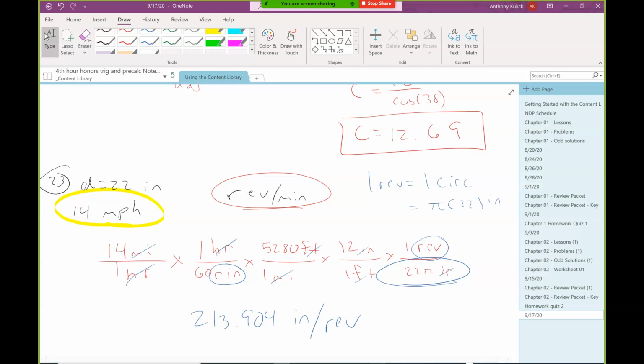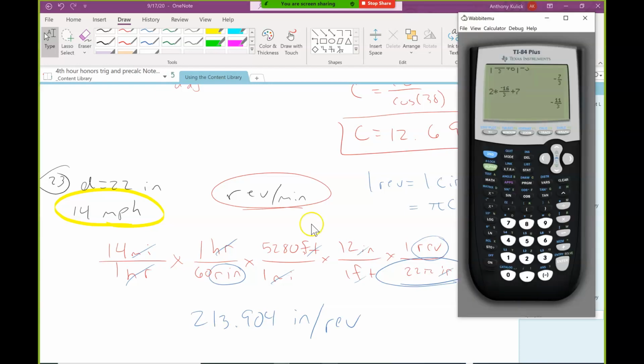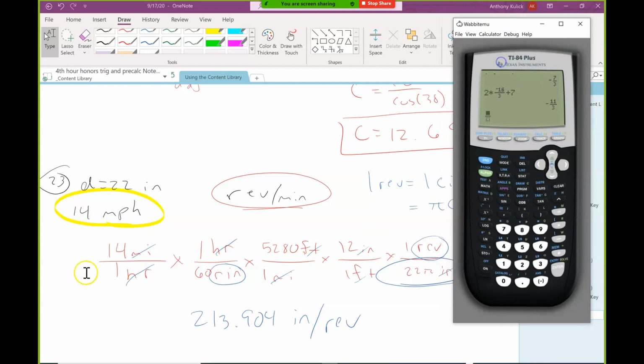The other way that you could have typed this into your calculator that I think would be a nice effective way to get the correct answer without having to worry about that, is if we use the fractions and I pick that first option, the n over d. That'll give me the little fraction here, and I can just type it in straight across like 14, I won't bother to type the times 1, but times 5,280 and then times 12.